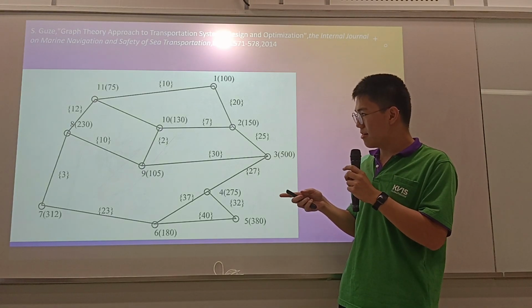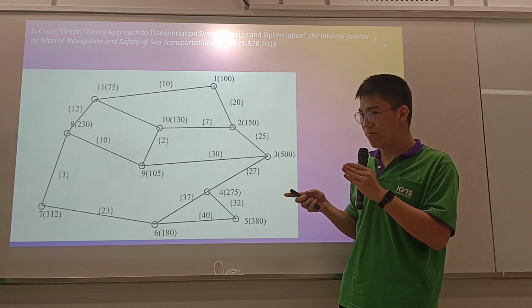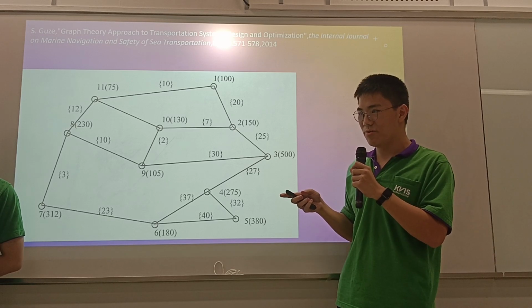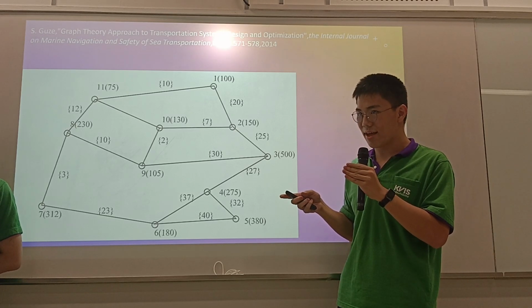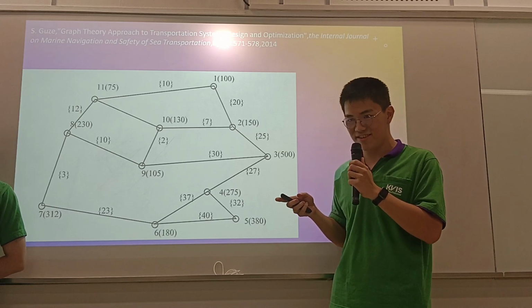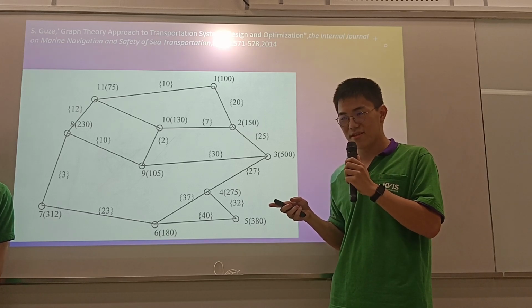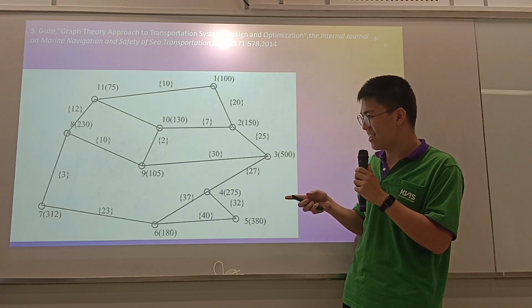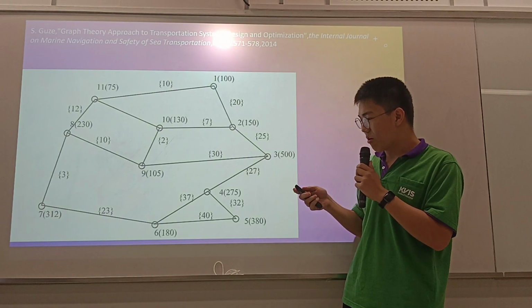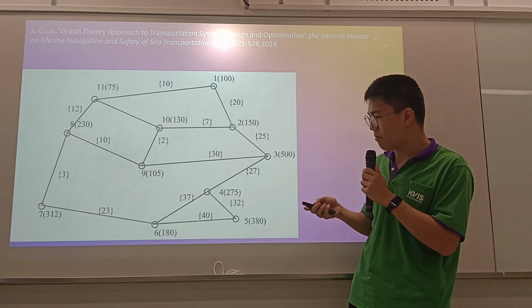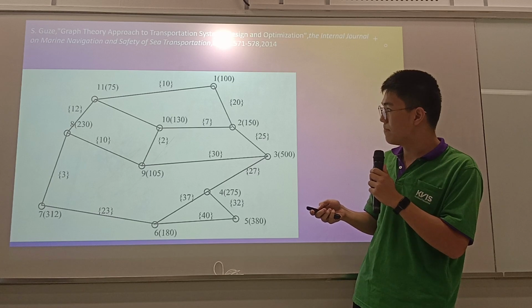And since the algorithms are mostly used as the basis of the optimization, there are fewer studies about developing the algorithm itself. So we are going to fill this gap by creating an algorithm based on graph theory, which meets our objective.